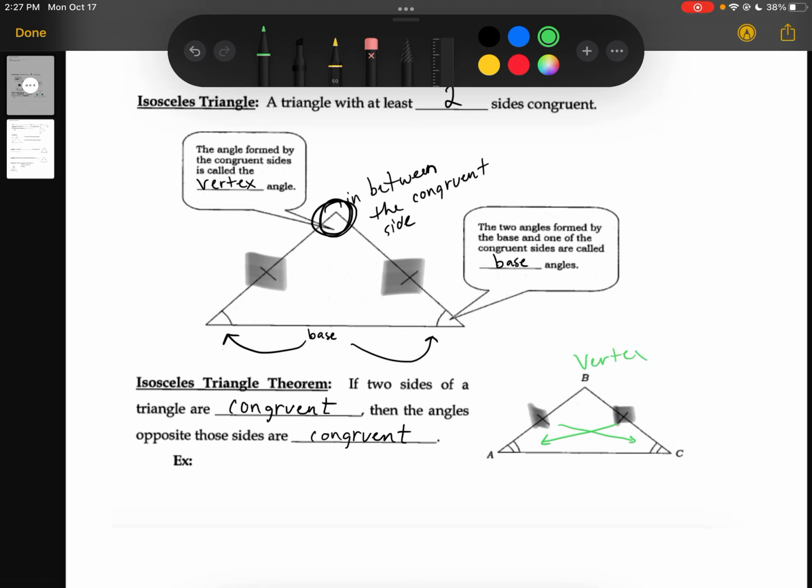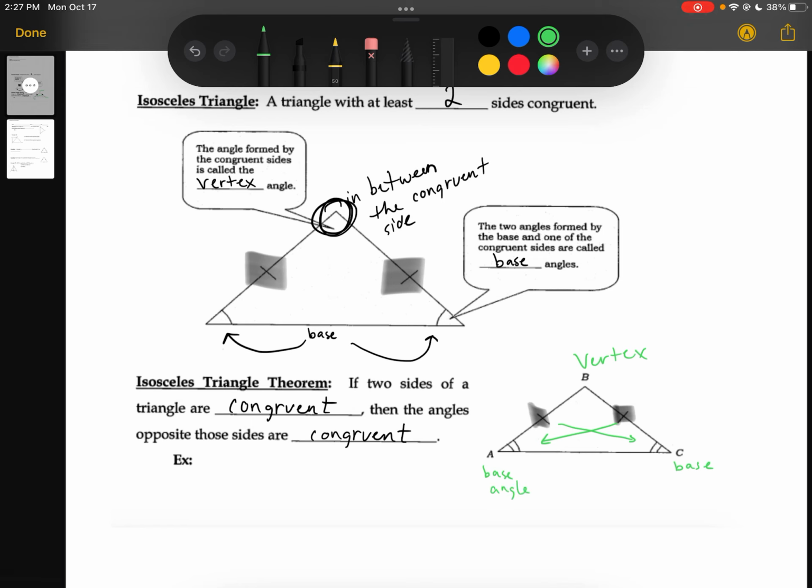Labeling this triangle using our vocab, B is our vertex, and A and C are both base angles. That is how we can distinguish the parts of an isosceles triangle.